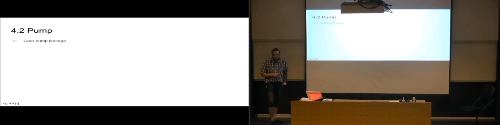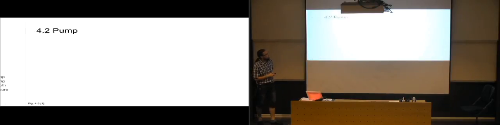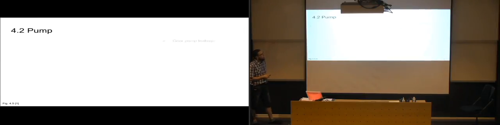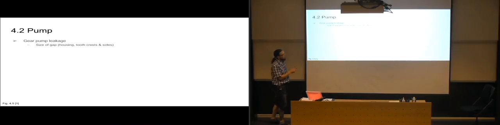Now you will have leakage in the gear pump, as I've already explained to you, and that is basically there will always be some fluid flowing through here, so you won't manage to push all of the fluid out here, so some will be flowing through. So that's one point of leakage. So that's the size of the gap between the housing, the tooth crests, and the sides.